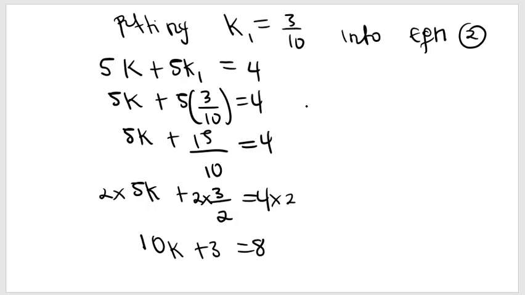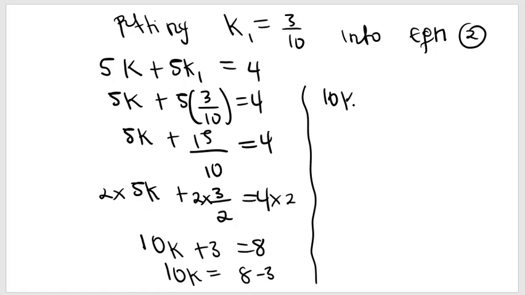So the next thing for you to do is to simplify this equation to get your value for k. So we are going to have our 10k being equal to 8 minus 3. And this will give us 10k being equal to 5. You are solving for k. So in this case, your k will be equal to 5 over 10.